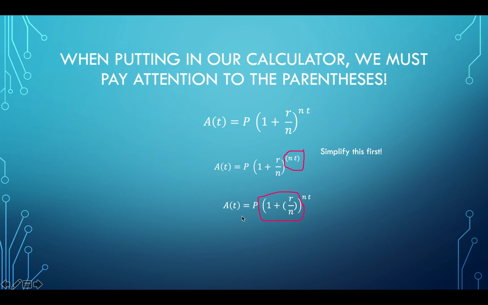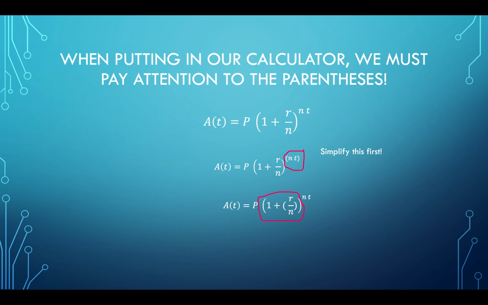So when I plug it into my calculator, you see how I highlighted this box over here in pink? I don't even open a parenthesis at this point yet. What I do is 1 plus, and now I open my parenthesis, r, whatever our r is, divided by whatever our n is, close parenthesis, and then hit enter.